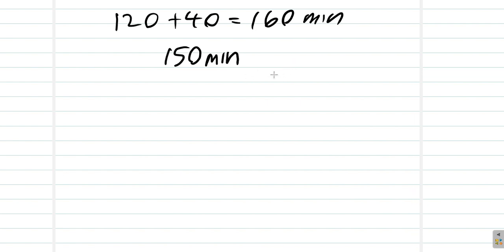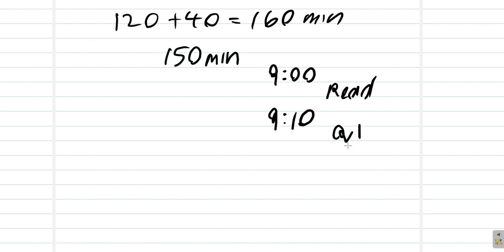Now, suppose, for example, the exam starts at 9 a.m. You read over until 9:10 a.m. At 9:10 a.m., you start question 1. You could give yourself, say, 10 minutes for question 1. So from 9:10 to 9:20, give yourself 10 minutes to do question 1.